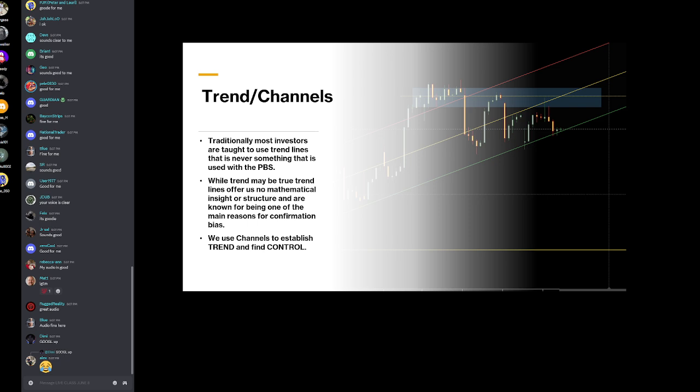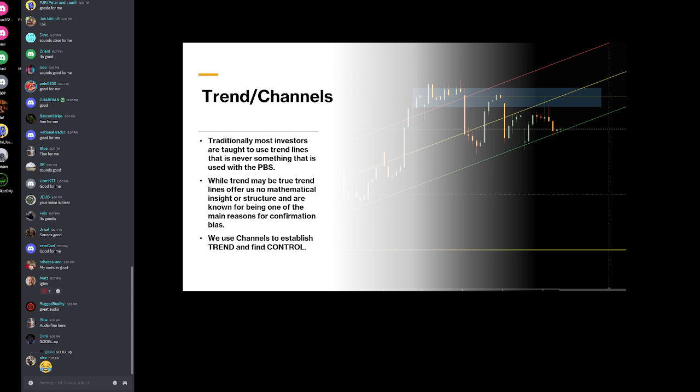We use channels to identify, are we going up or are we going down, right? Lower highs, higher lows. We are utilizing those to identify potential confluences, which means where we have a target that is horizontal that lines up with the resistance of a channel, and this can provide a great targeting system.